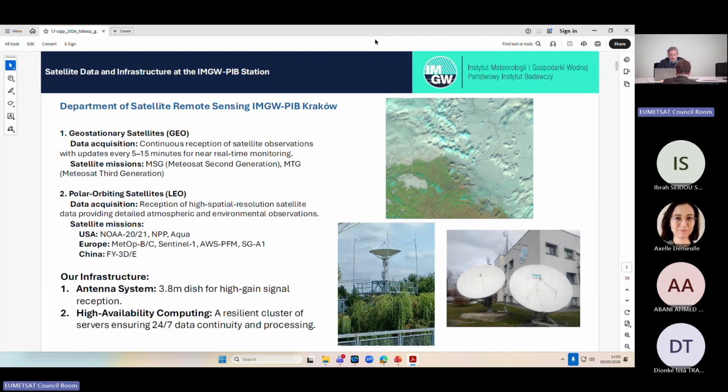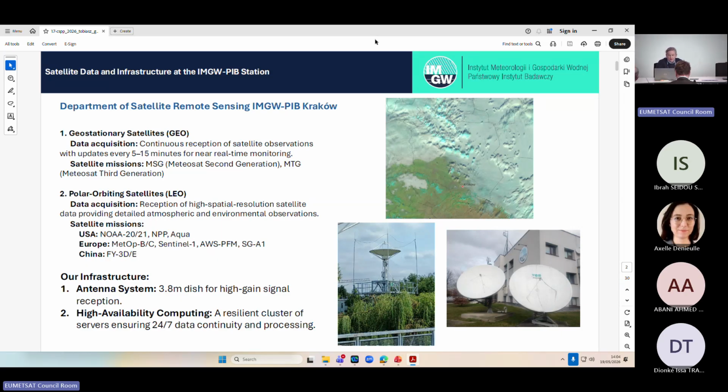In our institute we use data from geostationary satellites and from polar orbital satellites. Geostationary satellites provide continuous reception of satellite observations with updates every 5 to 50 minutes for our real time. Our institute receives data from MSG and MTG.